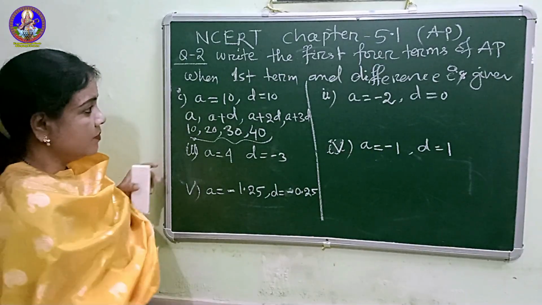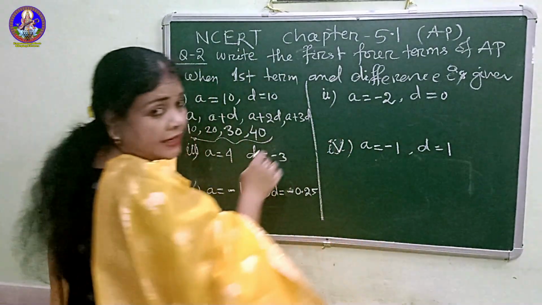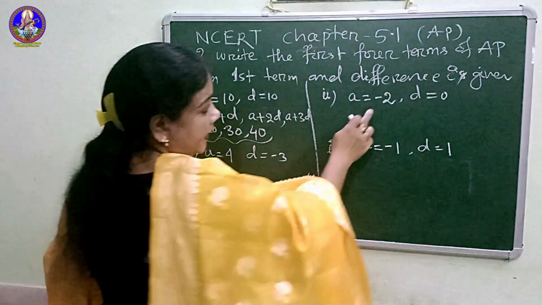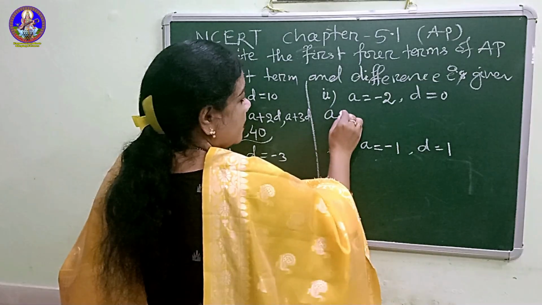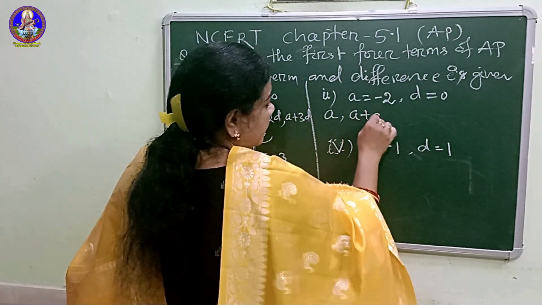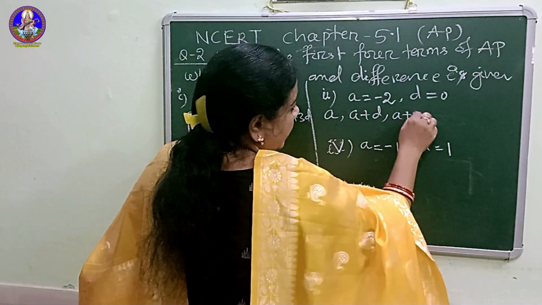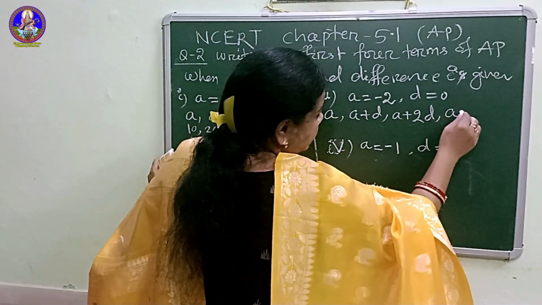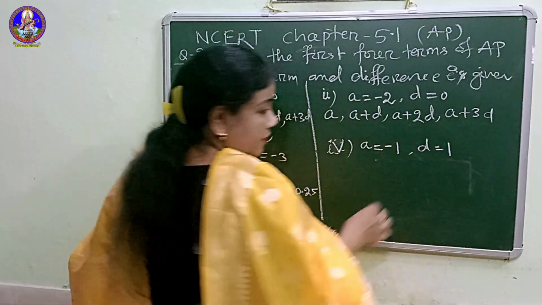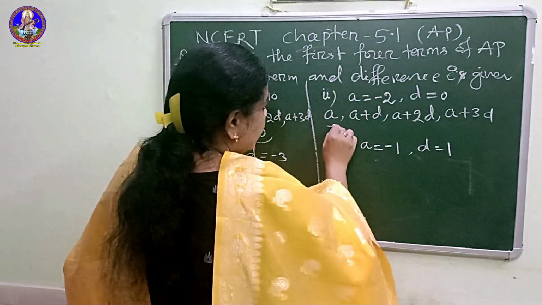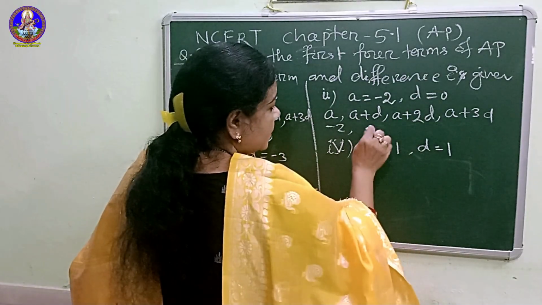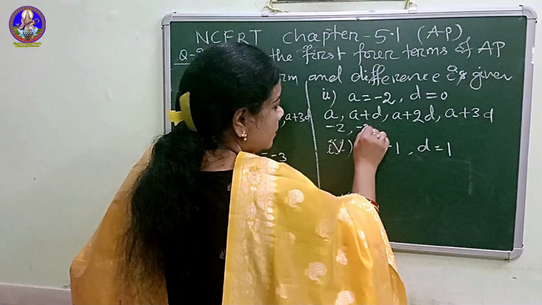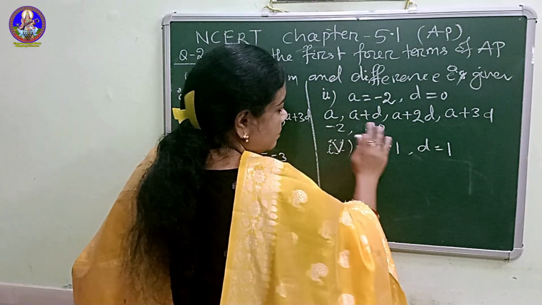Okay. Next come to solve 2ii. Here a is equal to minus 2, d is equal to 0. First term a, then a plus d, then a plus 2d, then a plus 3d. Here a is minus 2, a plus d is minus 2 plus 0, that is minus 2.